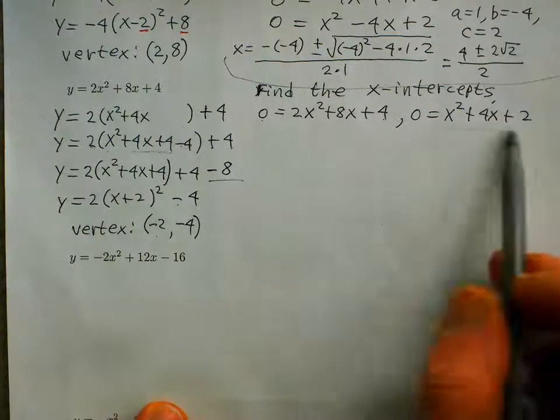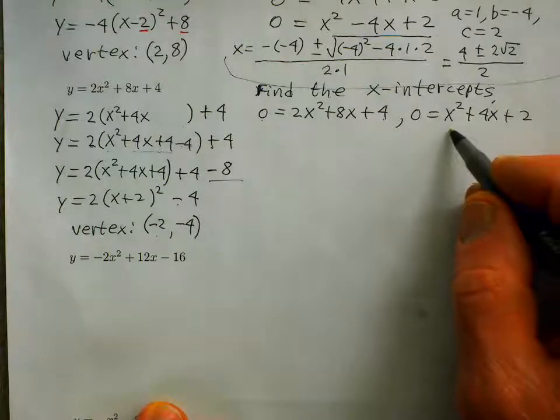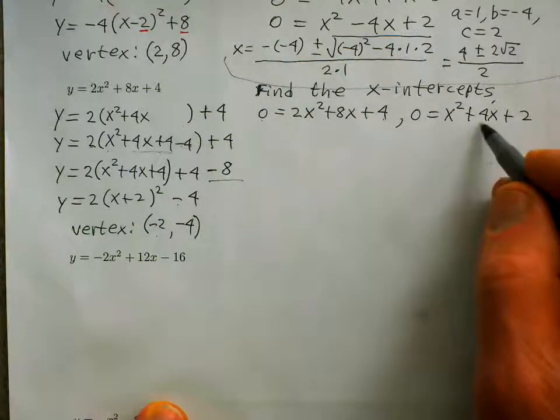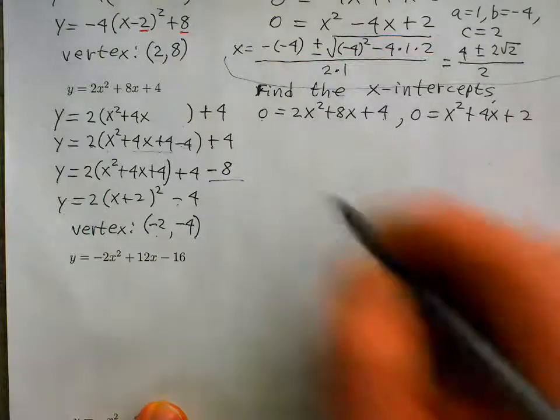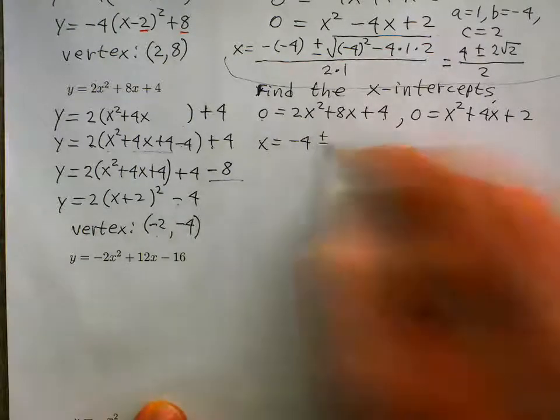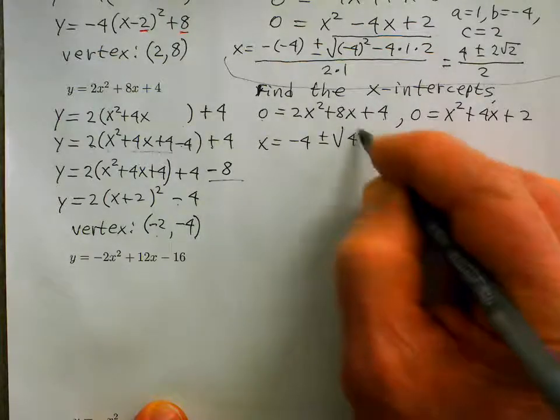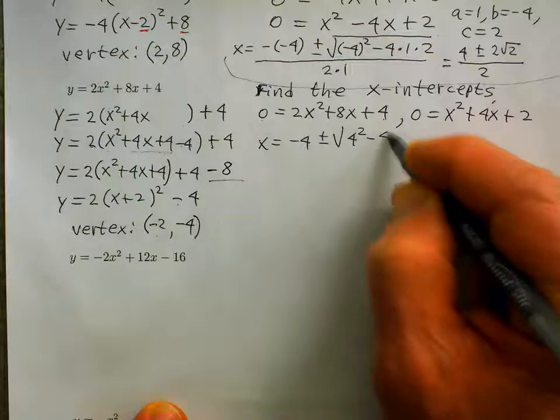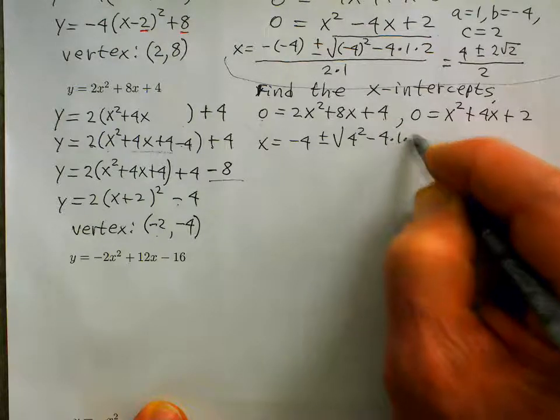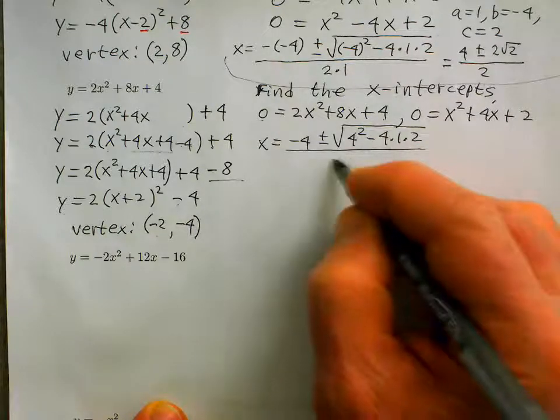We can't solve by factoring, so we'll use the quadratic formula where a is 1, b is 4, and c is 2. So x equals -4 plus and minus the square root of 4 squared minus 4 times 1 times 2, all divided by 2 times 1.